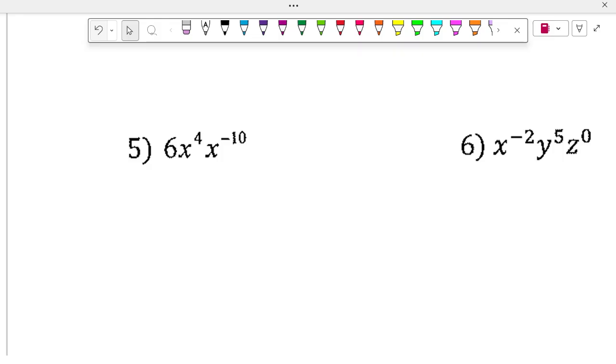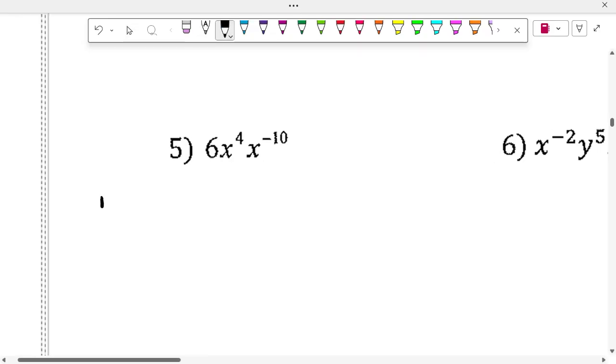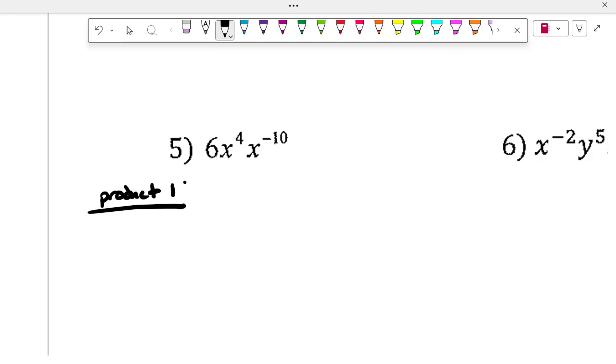All right. So I'm going to show you both ways, just so you can see that you still get the same answer regardless of which rule you do first. So let's say I did product rule first. So that means I added these exponents. So I have 6x to the negative 6.